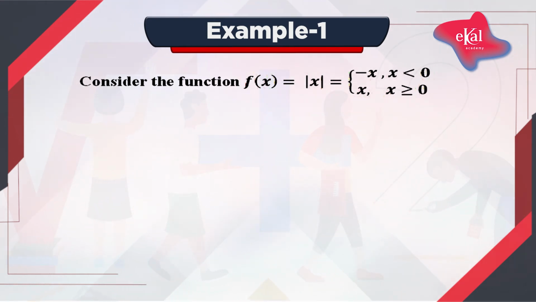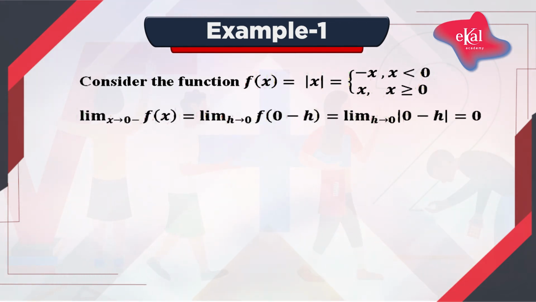Look at the example, f of x equal to mod x, and we know mod x is equal to x when x is greater than or equal to 0 and minus x when x is less than 0. So let us find the limit. Limit x tends to 0 minus f of x, which means limit h tends to 0, f of 0 minus h, which is equal to mod of 0 minus h, and when h is tending to 0, it becomes 0.